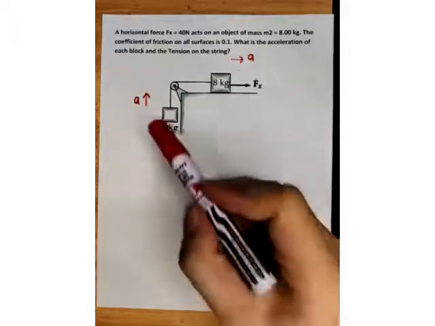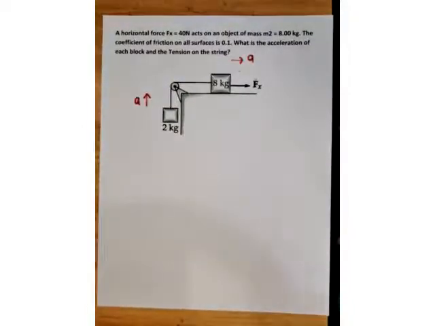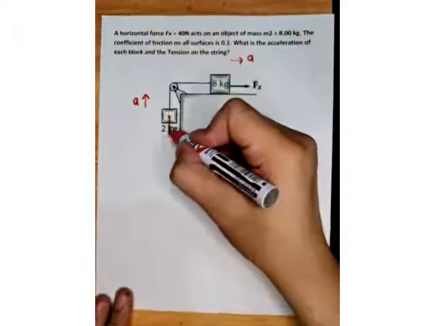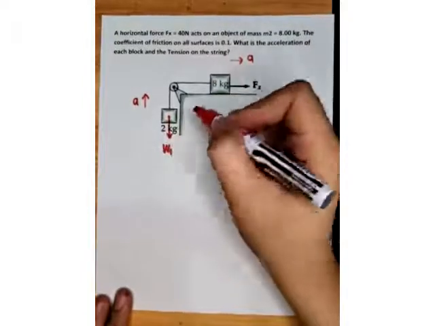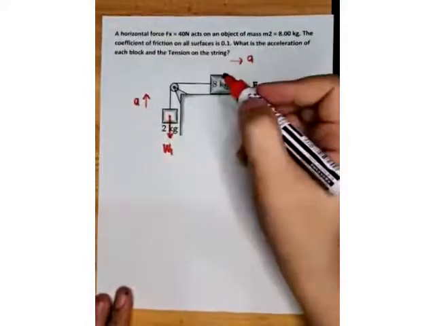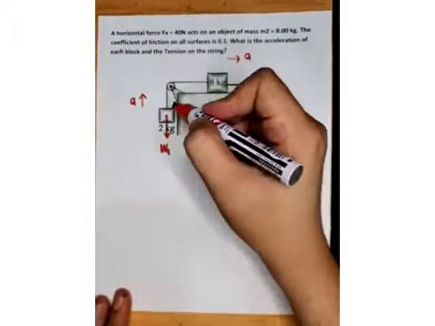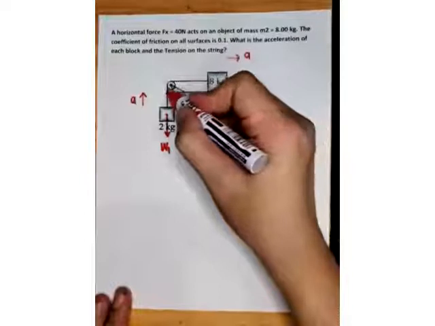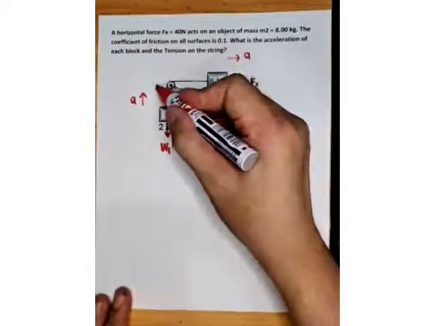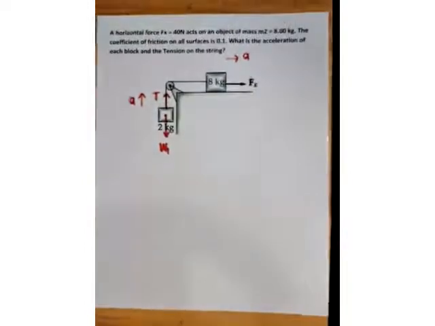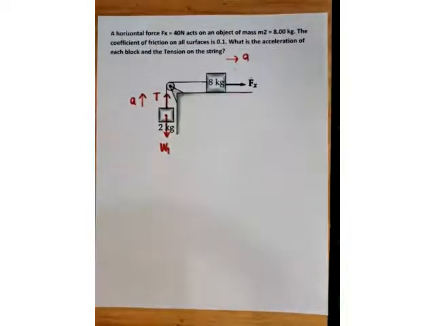So let's start with the first mass. What are the forces acting on mass 1? We have the weight, let's call that weight 1. And then, since we have a string, there is tension, and the direction of the tension is always away from the object. If the object is 2 kilograms, or mass 1, the tension should be away from it, not towards it.